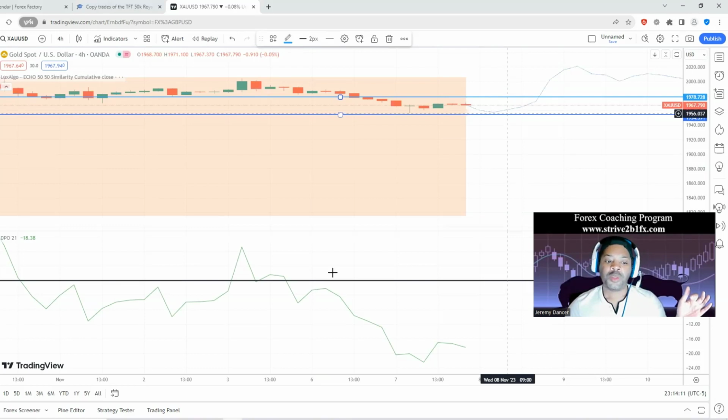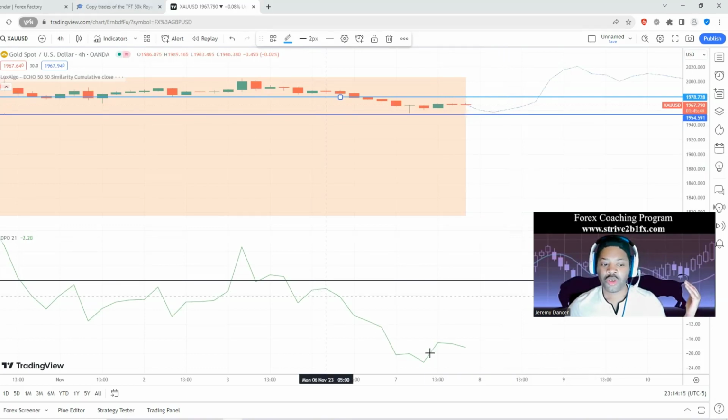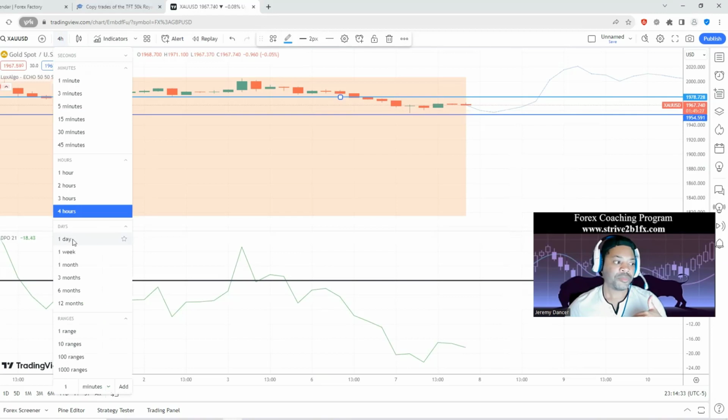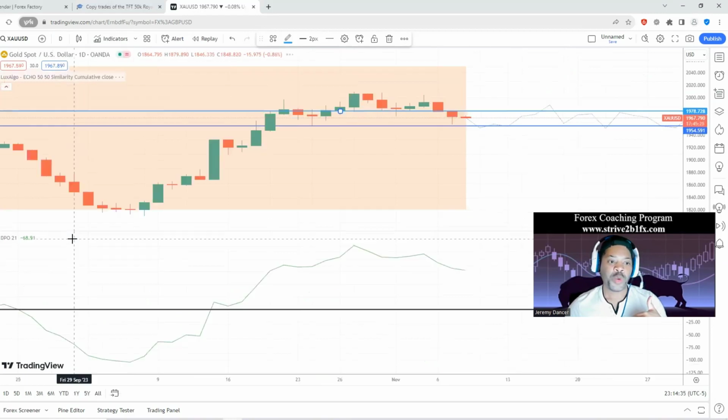And if we look at the DPO as well, we can see that this is strong bearish territory. We're nowhere near the zero line, so I don't see any justification for a bullish move on gold. And on the daily time frame, we can already see that this momentum is really diving down.